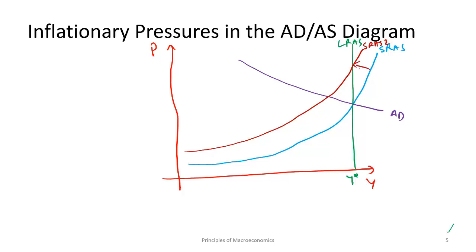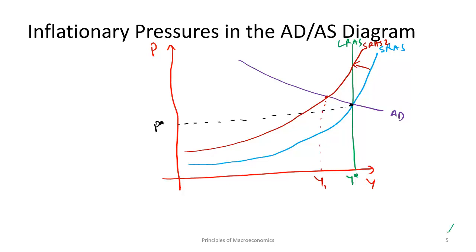This is a left shift of the short-run aggregate supply. As a result, we reach a new short-run equilibrium here. Now let's compare the prices. Let's start with the initial prices. So initially price was here at P star.